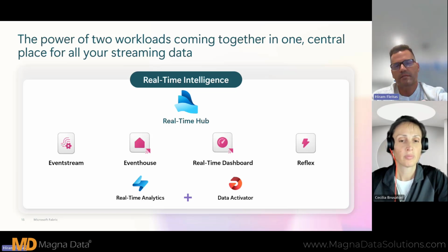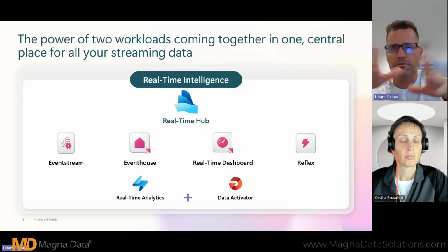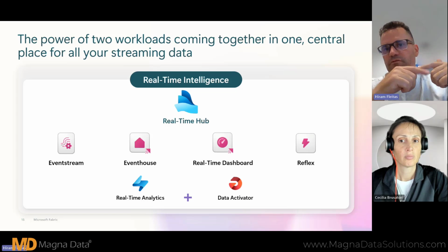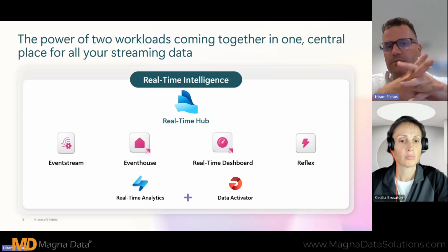So Event Hubs is kind of like a messaging system or a message broker, and Azure Stream Analytics will take those messages that are being streamed and allow you to do transformations over the stream itself, and then set a sink that you could route it to Cosmos DB, SQL, ADX per se, or even storage. And we put those two PaaS offerings into a single SaaS item, and we call that Eventstream.